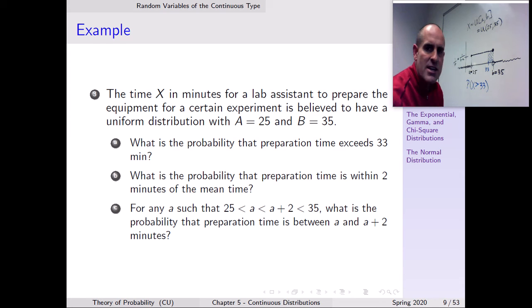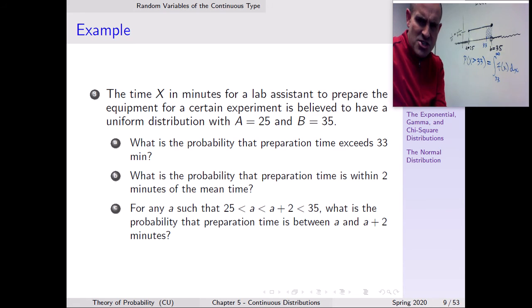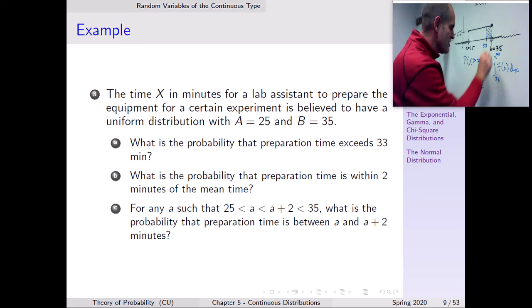It exceeds 33. Well, that's going to be the integral from 33 to infinity of the density function, f of x dx. There's the density function, but we know what the density function is. It's equal to 0 once you get beyond 35, and it's equal to a tenth between 33 and 35.